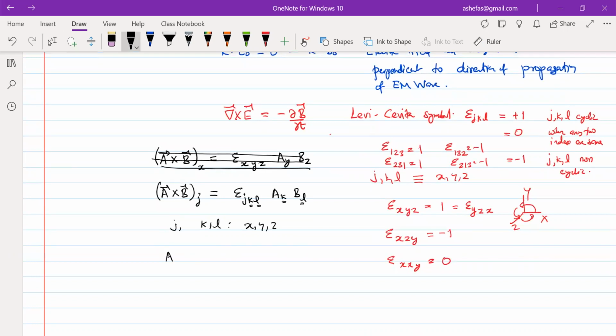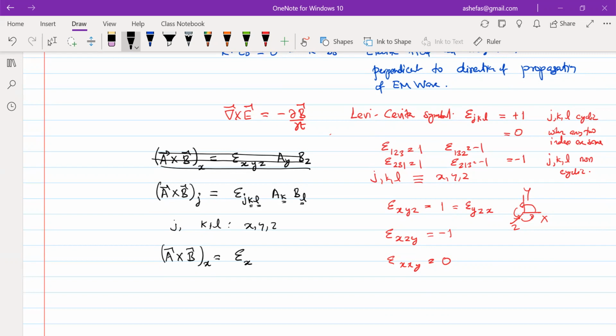So if you want to find the x component of A cross B, then the first index is x only. Now k and l can take x, y, or z. Since the first index is x, the other two indices cannot take x, because then it would become 0.